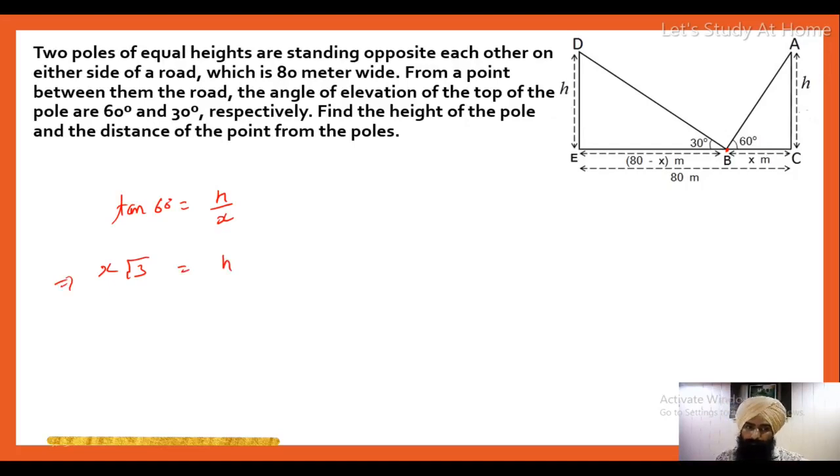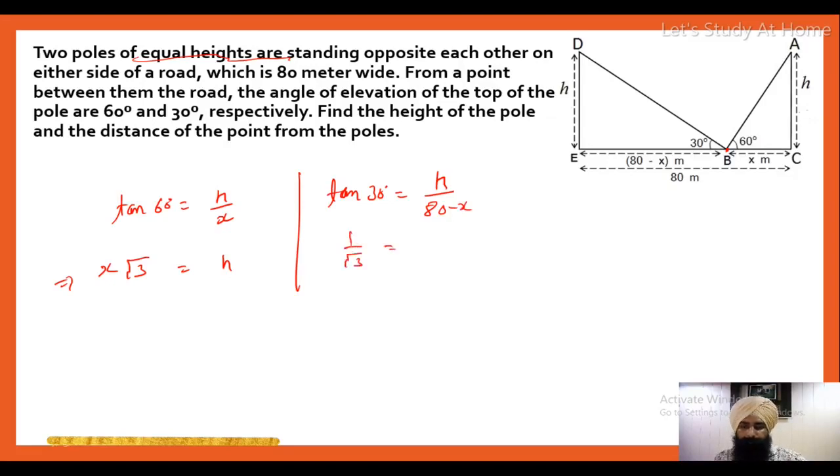Now again we will use tan 30 degrees. Here the perpendicular will be the same, because the height is given as equal height. Be smart. And now the base is 80 minus x. So tan 30 is 1 by under root 3. Very good.